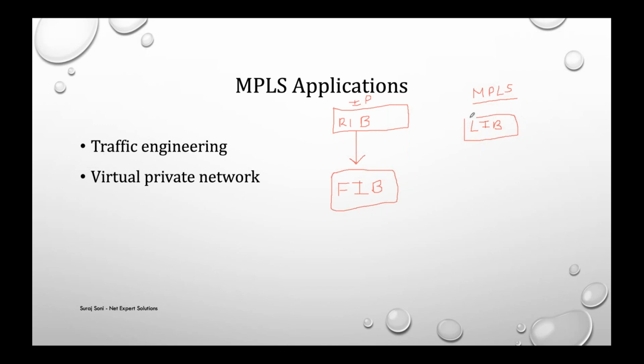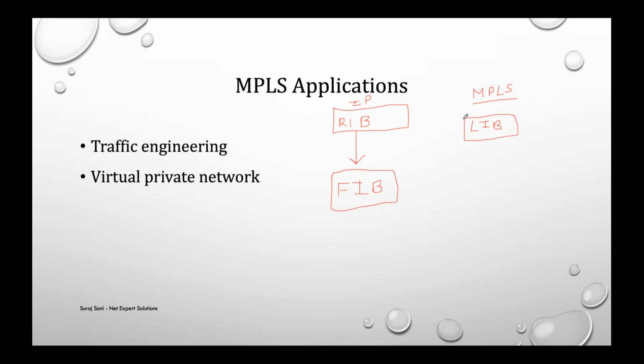This LIB contains the labels associated with each and every prefix from each and every neighbor. As many entries as we have in our routing table, that many labels we will get. For example, I'm learning one destination via two hops, so I will receive two labels for the same destination.